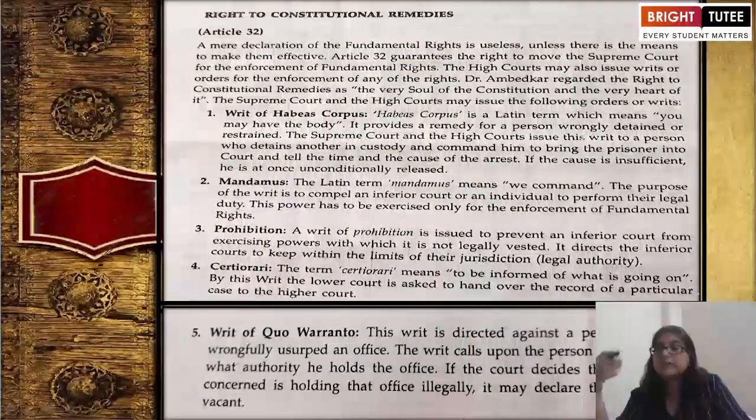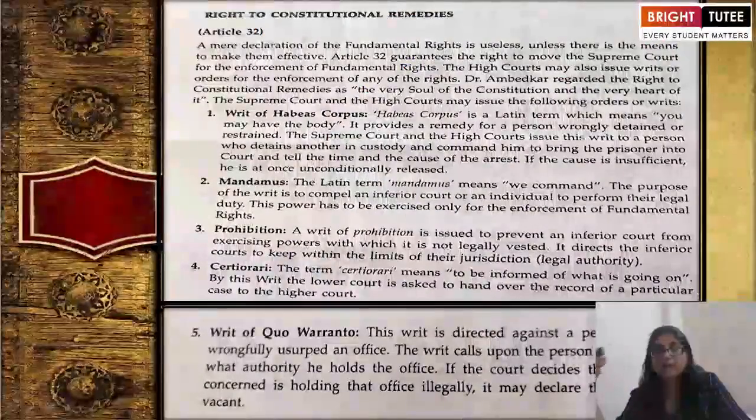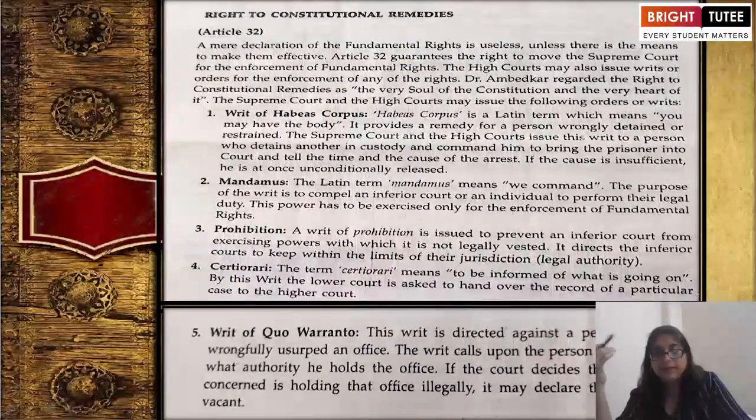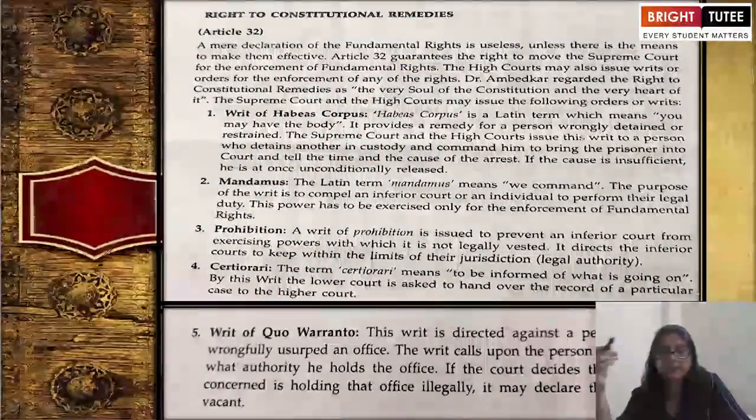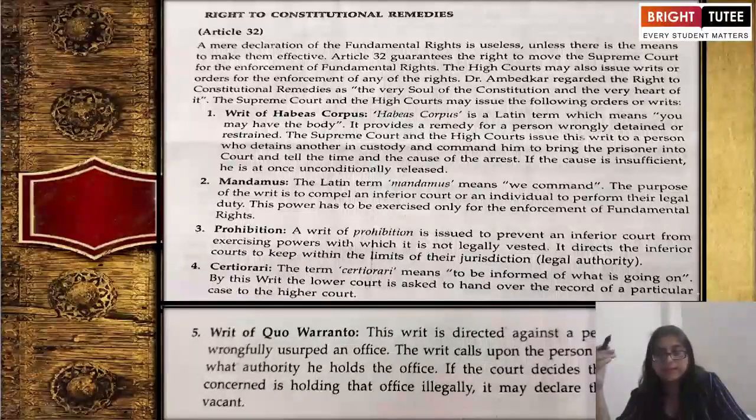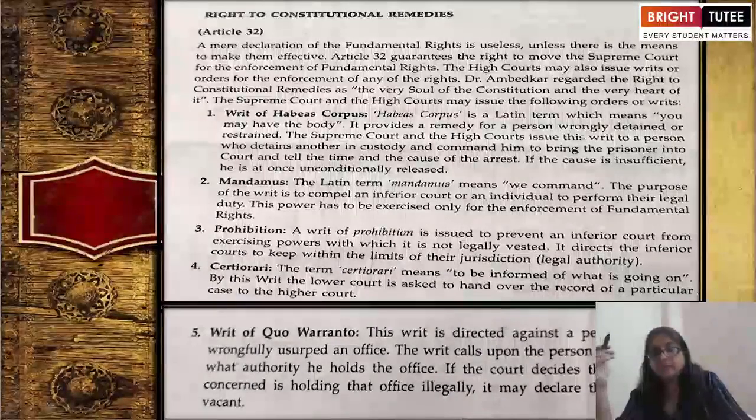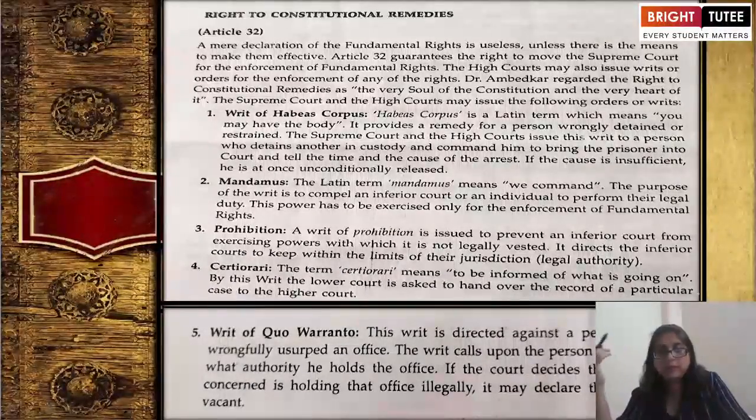Now, if the Constitution had not provided a device to safeguard the rights mentioned, these rights would have lost their importance. In the absence of the system, the state could have put hurdles in the promotion of these rights.